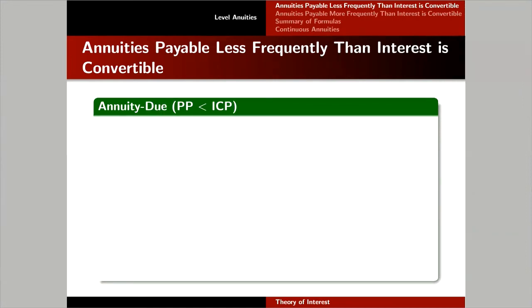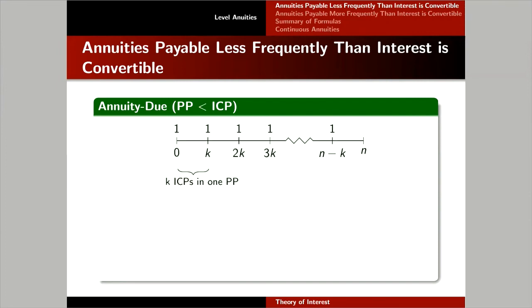Now let's have an annuity due. Same case. PP is less than ICP. This is the timeline. Okay? The first payment is made at time 0. The last payment is made at time N minus K. Okay? Let's get its present value.